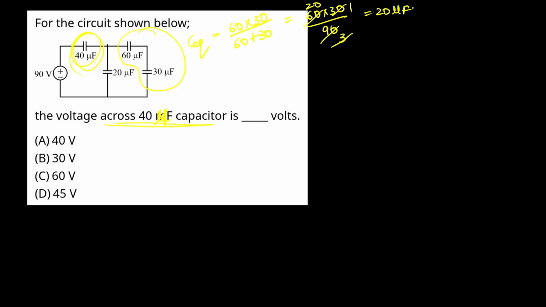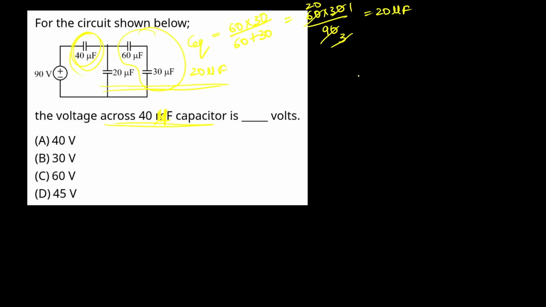So these 20 microfarads will be in parallel with 20 microfarads. For capacitors in parallel, the equivalent capacitance will become the arithmetic sum.